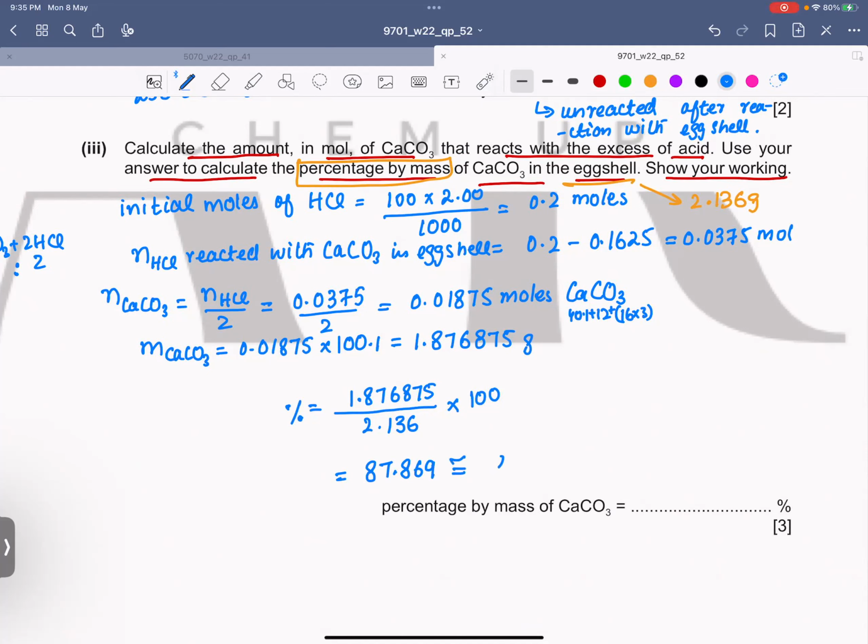So 87.9%. Yes, is this part clear to everyone? If anyone has any doubt, please ask.